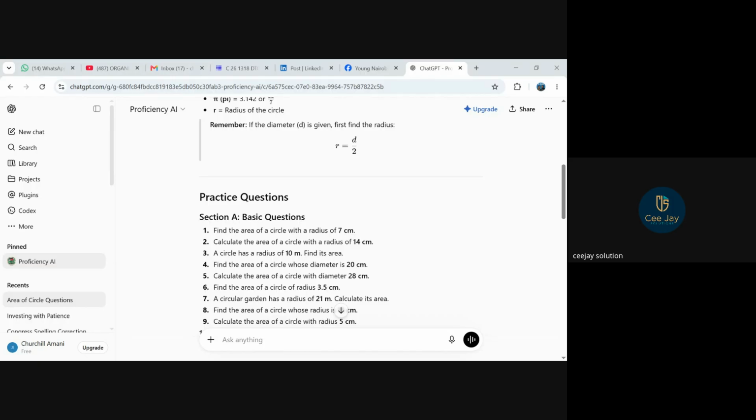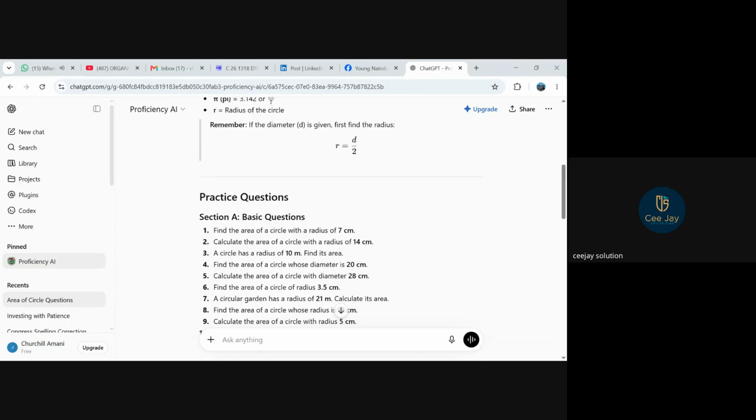Swali la kwanza, find the area of a circle whose diameter is 20 centimeter.